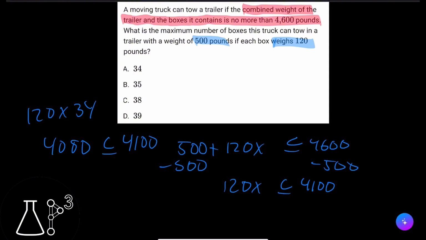If I make it 35 boxes, I get a weight of 4,200, which is not less than or equal to 4,100. As we can see, when we plug in 35, it's greater than 4,100. Therefore, B, C, and D are incorrect, and the only answer it can be is A, because with 34 boxes, it is less than 4,100.